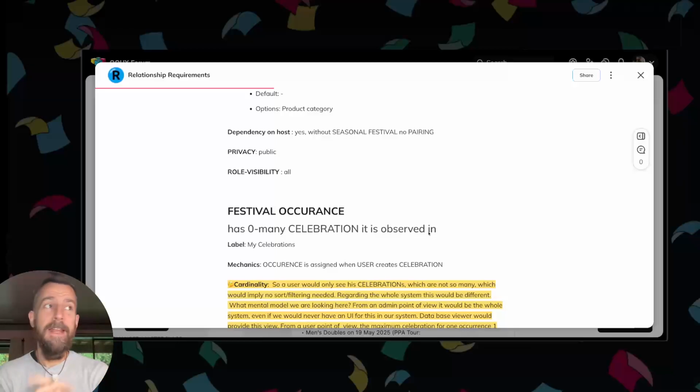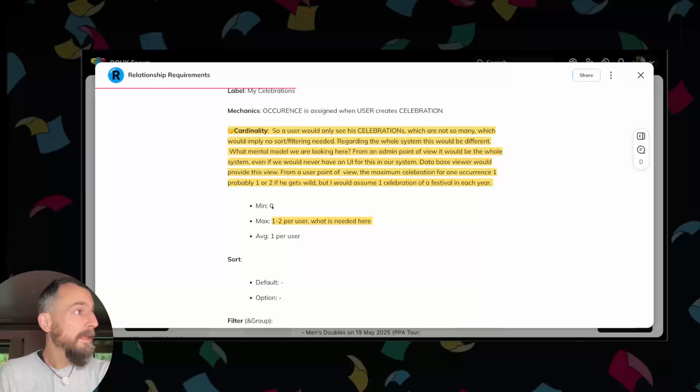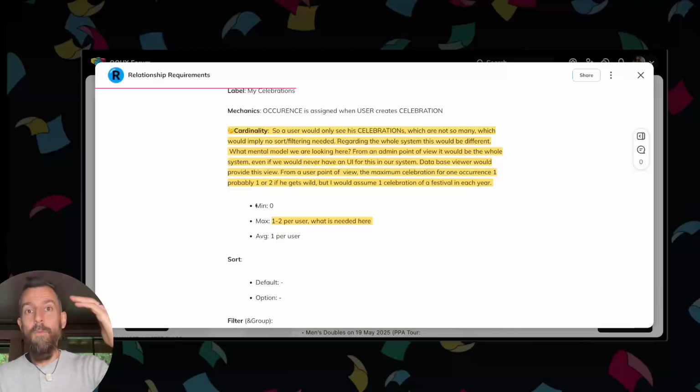If I'm an admin and I go to festival occurrence, do I see everybody's celebrations? And if that's true, then for this min, max, and average, you would have one for the role of user, and then if I'm an admin, I would see minimum 0, maximum, let's just say 5,000, and average, I don't know, 500. I guess we were saying there's 500 users in the system to start.